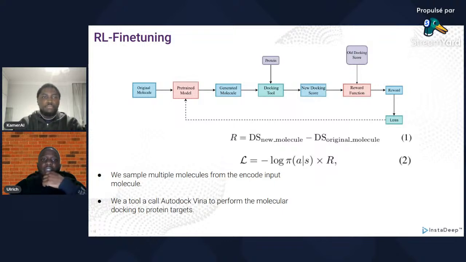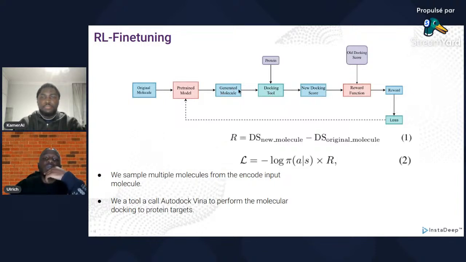After the pre-training step, the other step is the fine-tuning step. For this, our focus was to fine-tune the model to be able to generate molecules that bind with specific protein targets. In that case, for fine-tuning, as I mentioned earlier, we only want to fine-tune the encoder section.